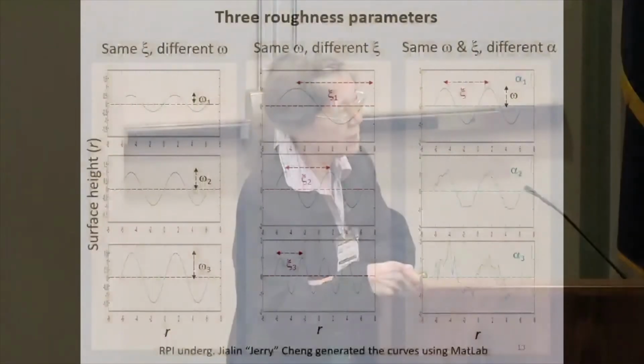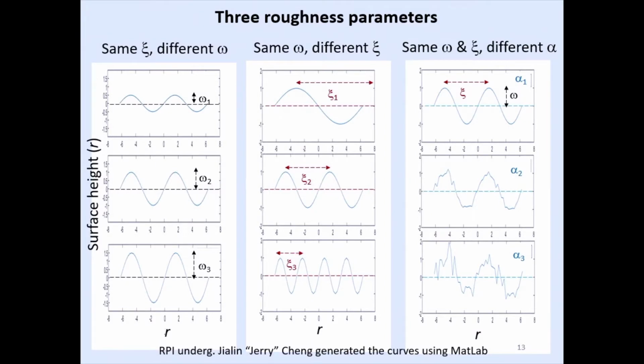This is surface height. This is the position across the surface, okay? In this case, you have the same lateral correlation, but different vertical RMS, right? W1 is smaller than W2, W3, even though the lateral correlation is the same. This example has the same vertical roughness, but your lateral correlation length is larger than this, larger than this.